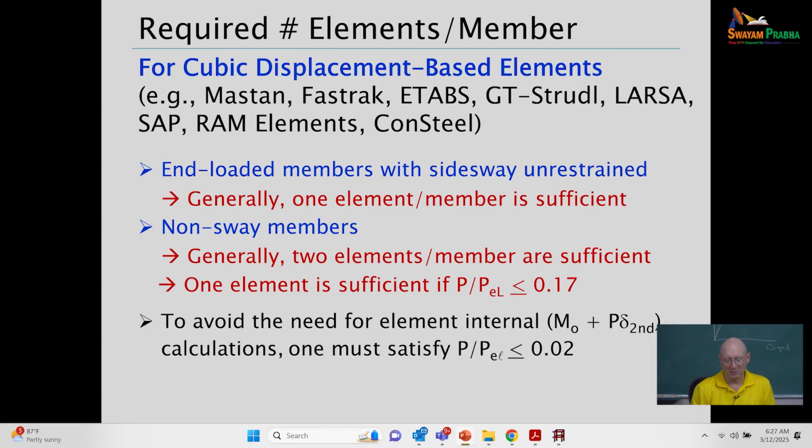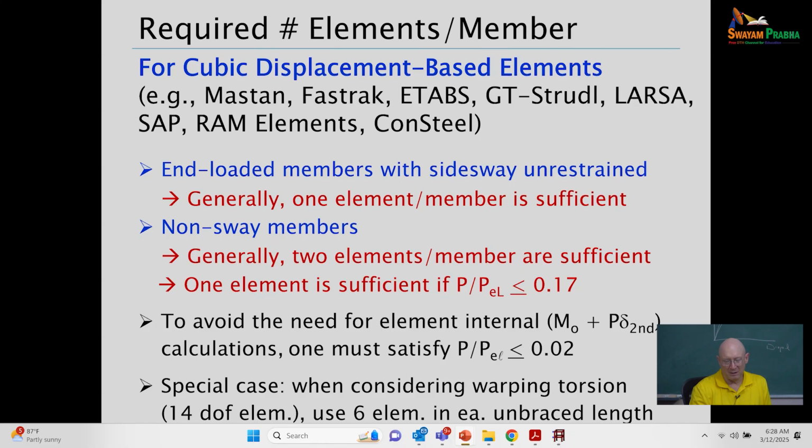If you use an element discretization such that P over PE script L is less than or equal to 0.2, you should be good with a global solution. Clearly that's a much more dense mesh than the minimum required that I'm showing you here, and you're covering things so you can say, I don't have to worry about doing some P small delta estimate between the nodes of my analysis solution.